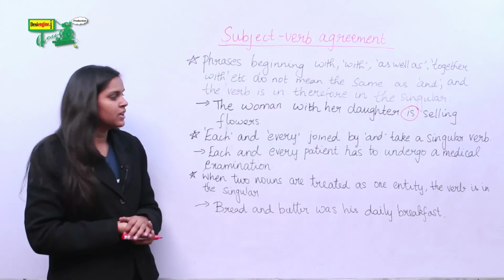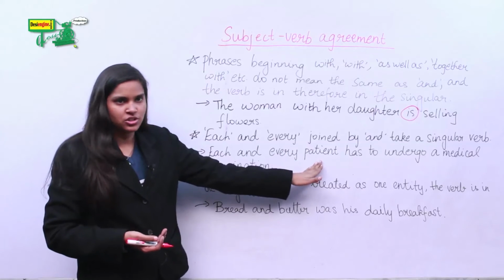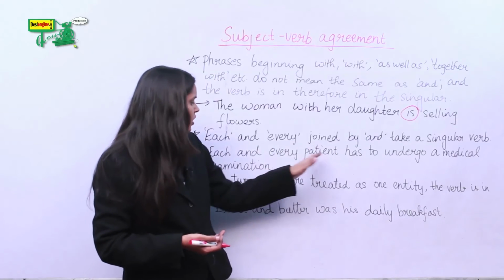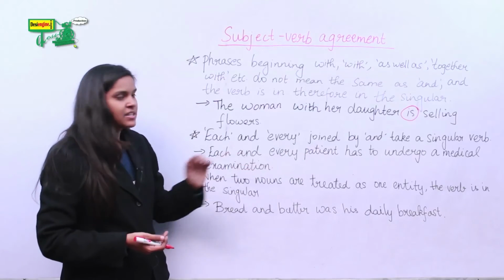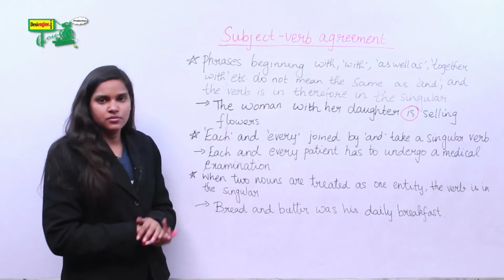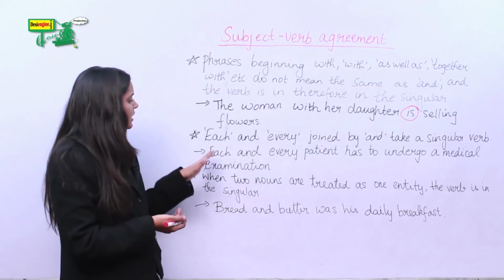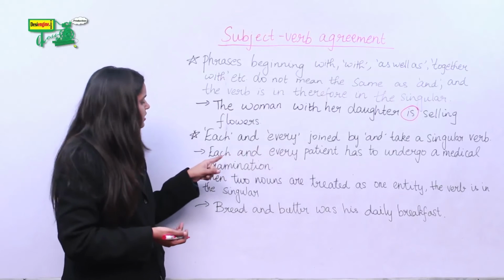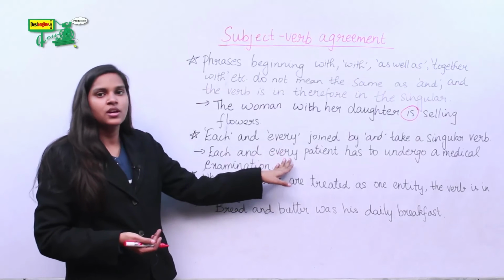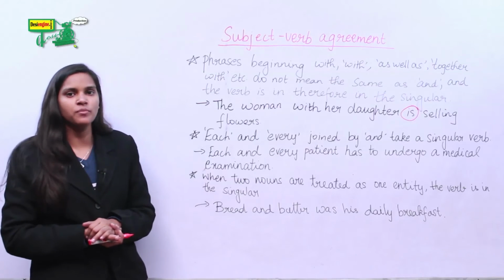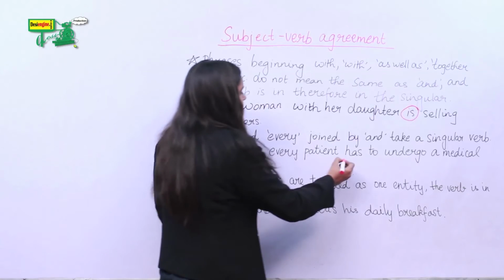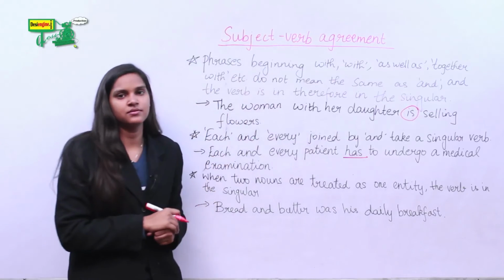Next rule is, each and every joined by and take a singular verb. For example, each and every patient has to undergo a medical examination. According to the rule that we read just now, each and every patient. Since each and every is used, the verb has to be in the singular form. Therefore, the usage of the verb has.